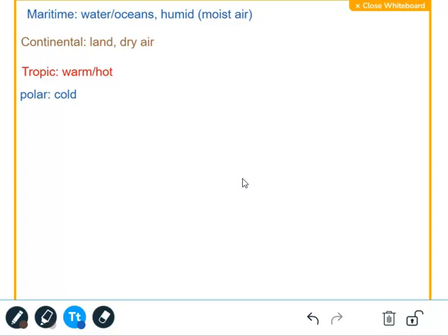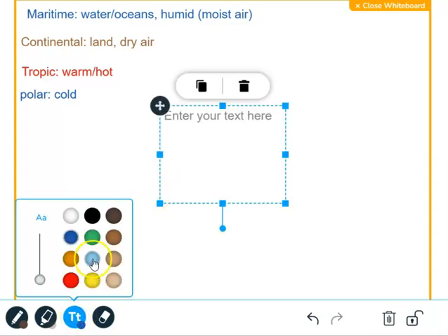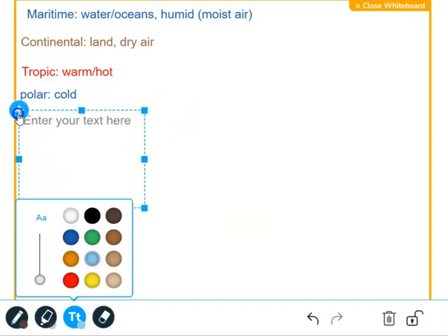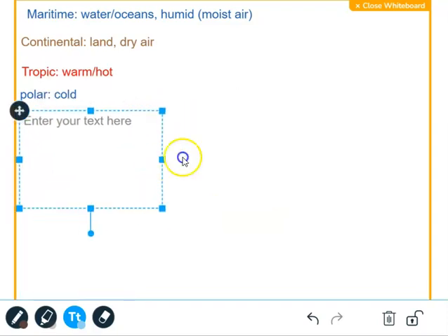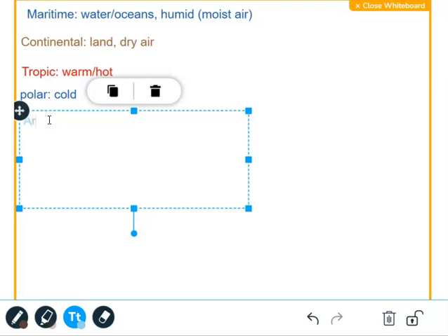I have polar, which means cold. And I have one more on there that I'm going to use a different color blue for. And this new word for today is something you've heard before, Arctic. Now, Arctic is going to mean something, and I do need you to use this exact terminology, bitterly cold. This is not just cold.